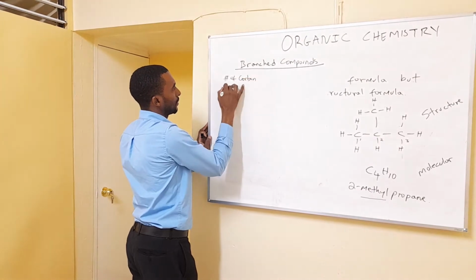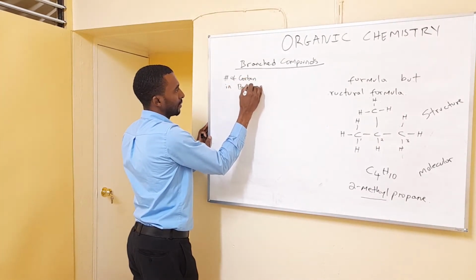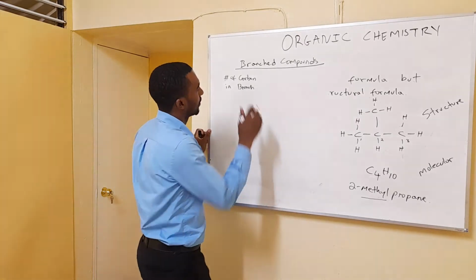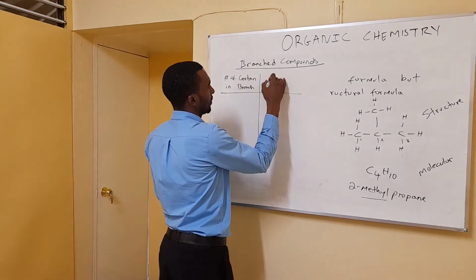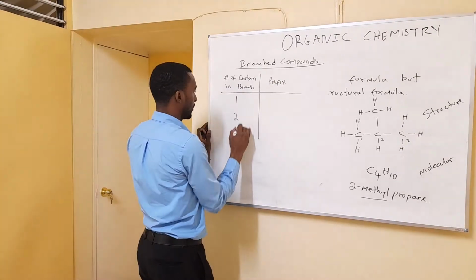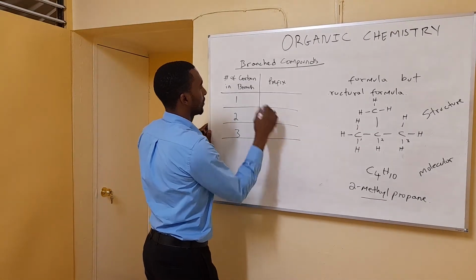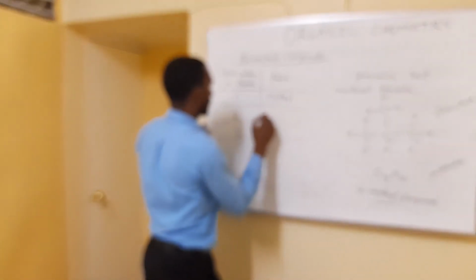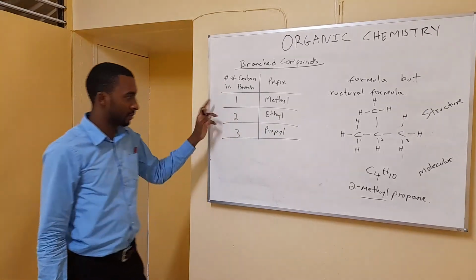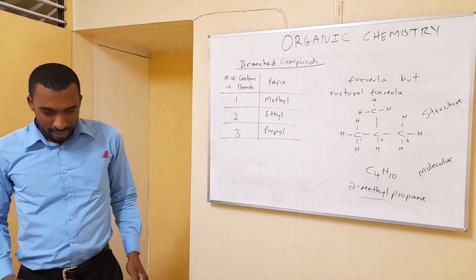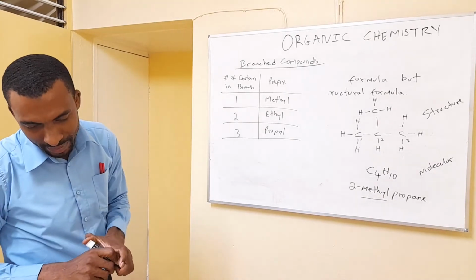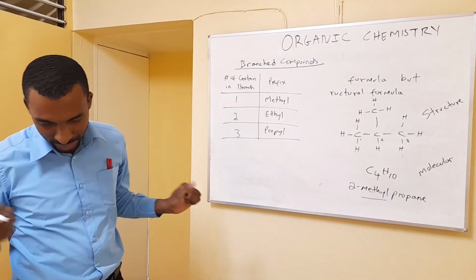Carbon in branch, take a note of that. Alright, the name of any branched chain molecule has 3 parts.